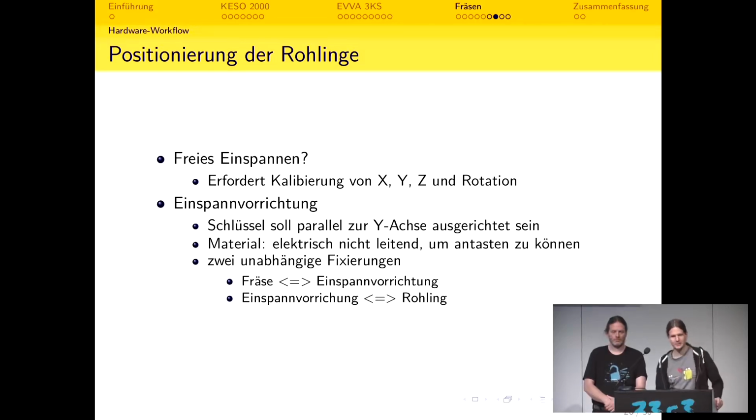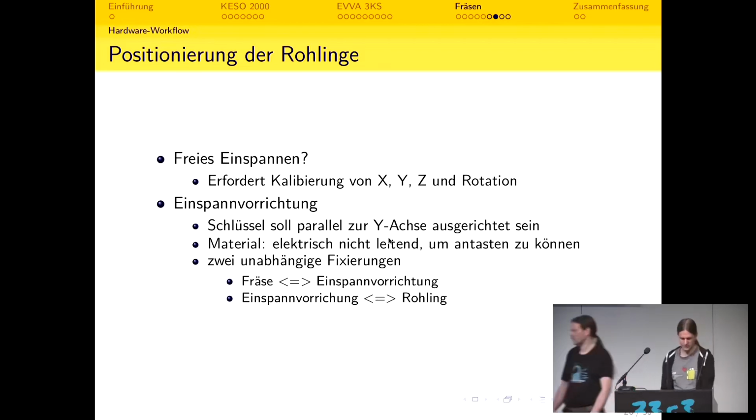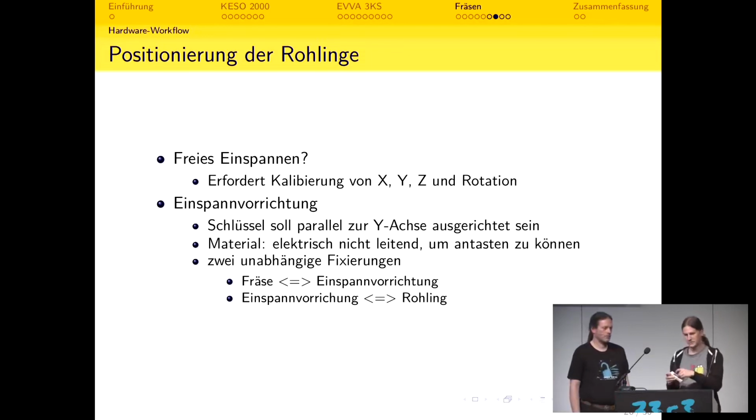In order to sense the position of the drill bit, we need an electrical contact between the drill and the blank. And in order not to have that contact with the jig, the material for the jig should not be electrically conductive. And we wanted to be able to fix the jig in the mill, regardless of whether there's a blank in it or not.